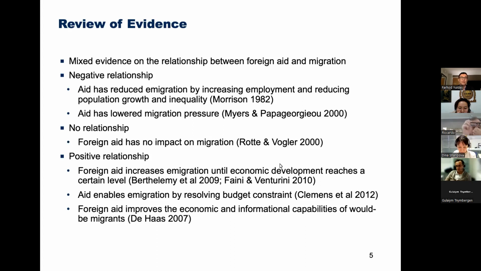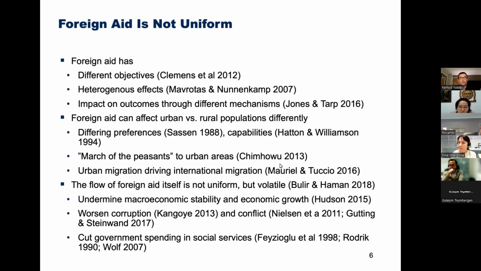So with this kind of mixed evidence base, we started thinking about whether all aid actually affects everything the same way. The biggest assumption in these theories and papers that we looked at is that they lump all foreign aid together as a monolithic entity. And that's where we started questioning: aren't foreign aid projects different depending on what they're trying to tackle?